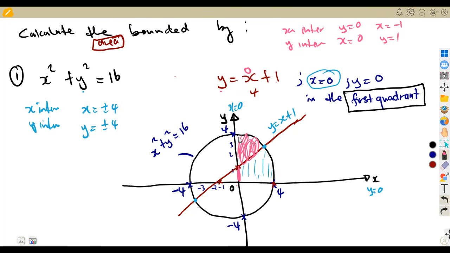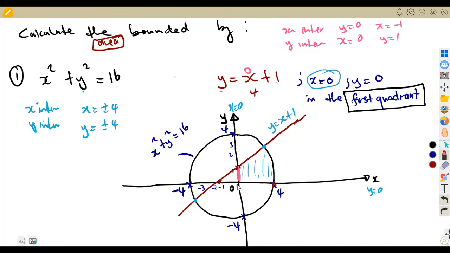If this part was involved, the area would be bounded, but this part is not involved because it must be bounded between x is equal to 0 and y is equal to 0. Here we just have y is equal, we do not have x is equal to 0, so we can't take this region.